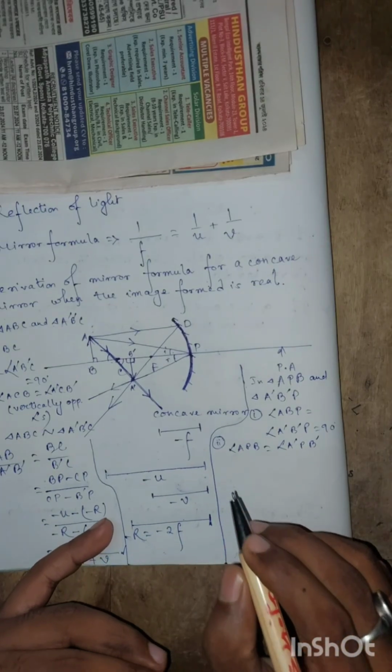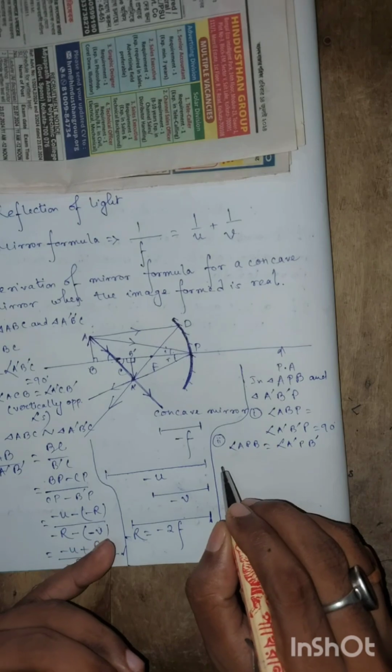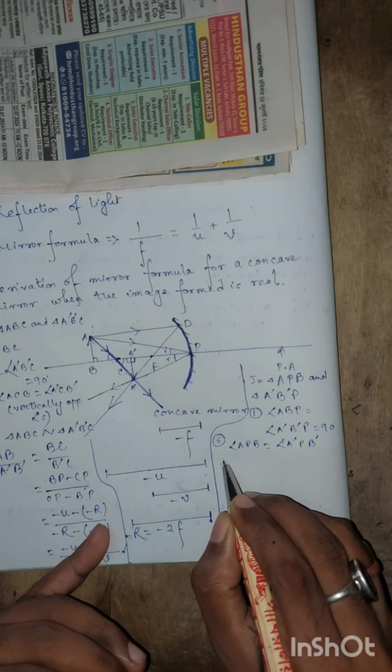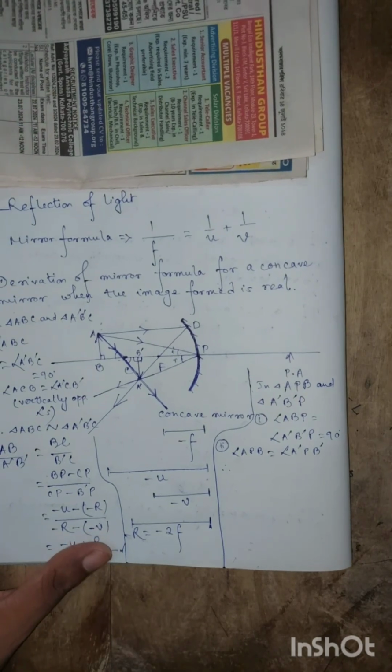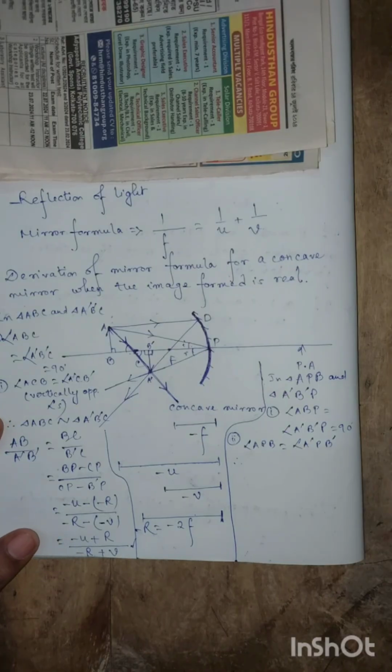Therefore, we can say, when we see that three sets of angles are equal for two given triangles, we can say these triangles are similar.